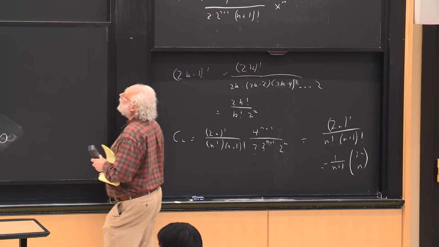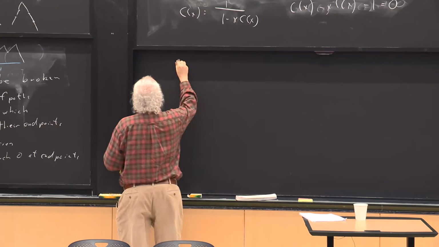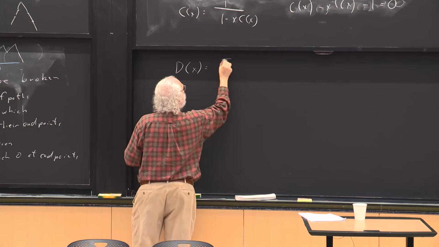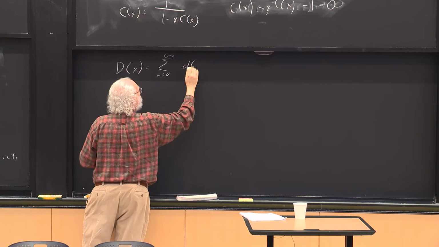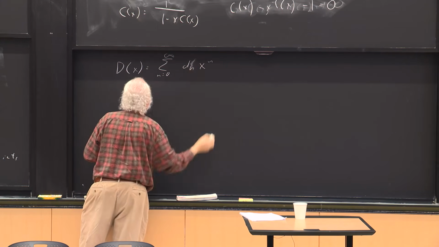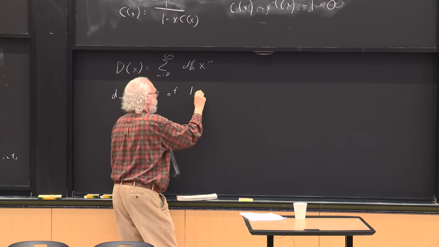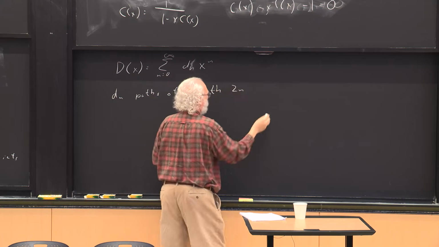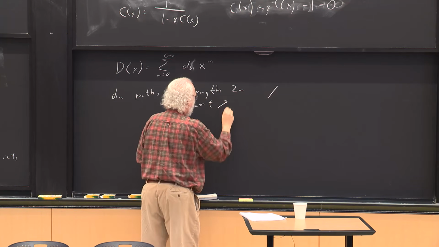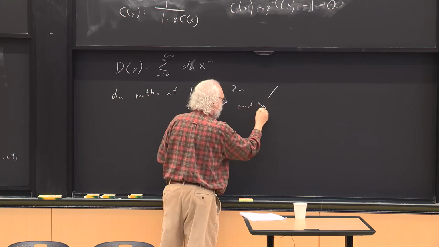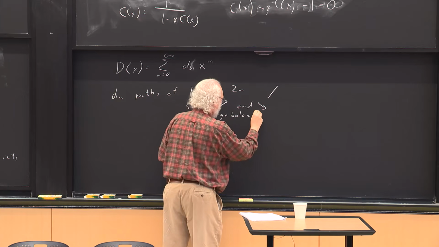This equals the sum n equals 0 to infinity of d sub n x to the n, where d sub n counts paths of length 2n which start up, end with a down step, and never go below 1.